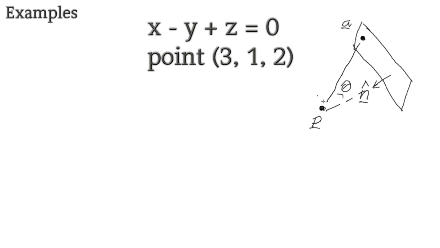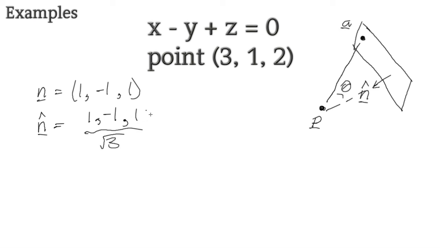So we can try dotting P take A with n hat as our separation, and for this particular plane, the normal vector is 1, minus 1, 1, and the unit normal is 1, minus 1, 1, over root 3, because 1 squared plus minus 1 squared plus 1 squared is just 3.